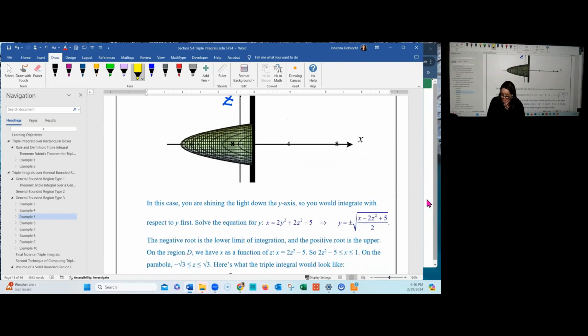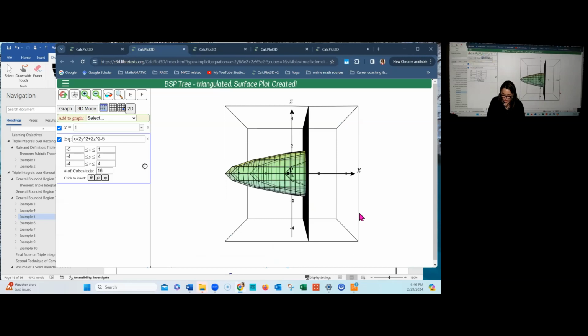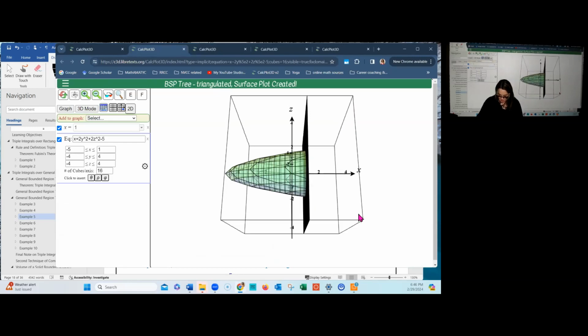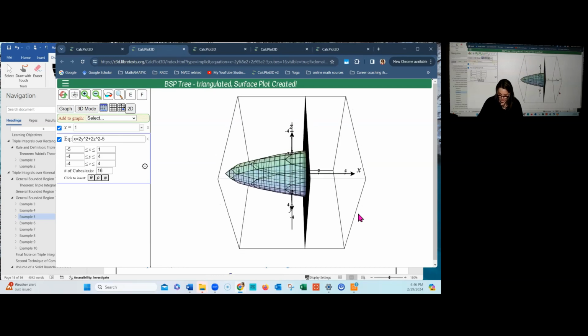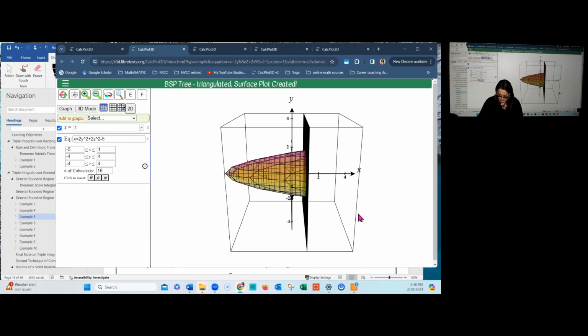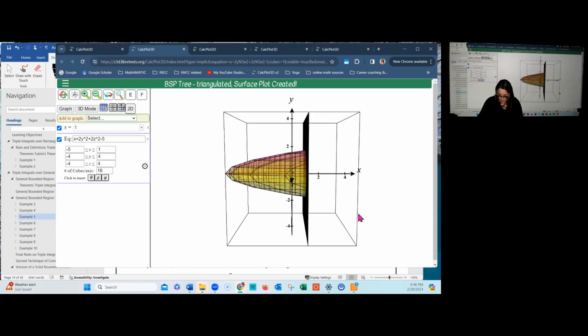To do that, we're going to return to our picture and rotate it until the y-axis is pointing up. Oops, got it going the wrong direction. And once I get my y-axis going up, I need to tell what is my surface on the bottom and what is my surface on the top. And of course, it's still the parabola.